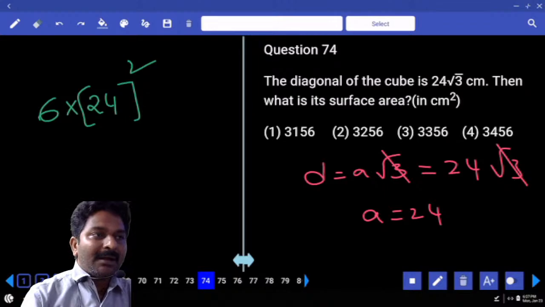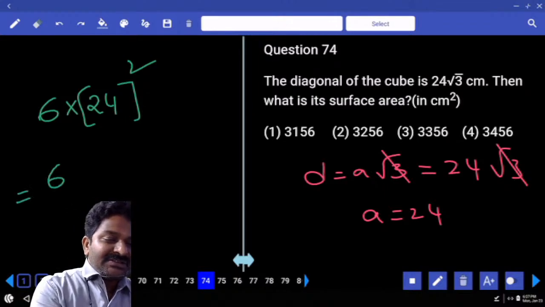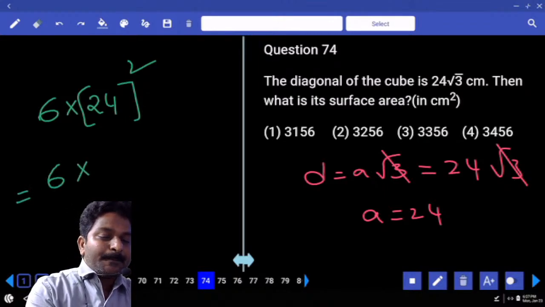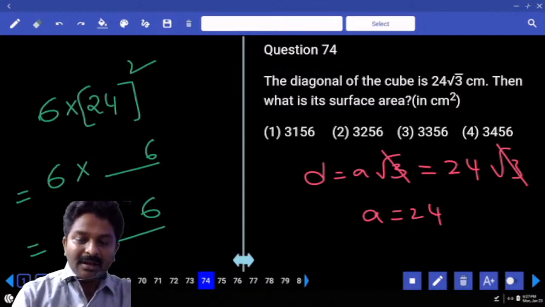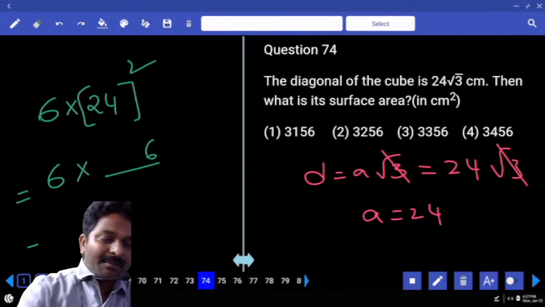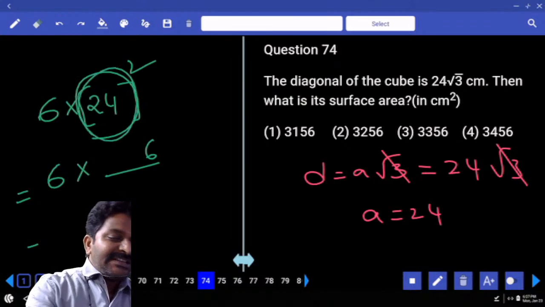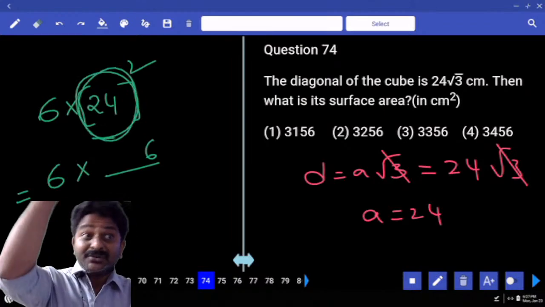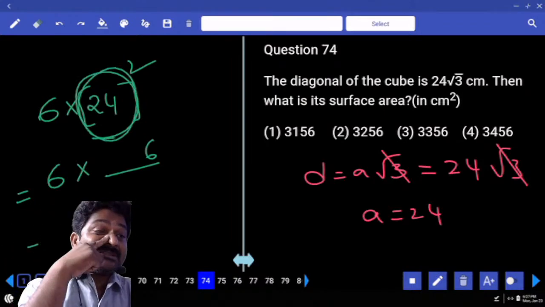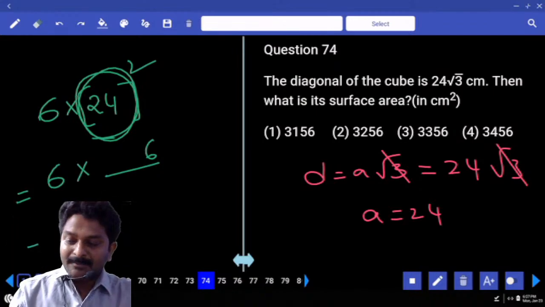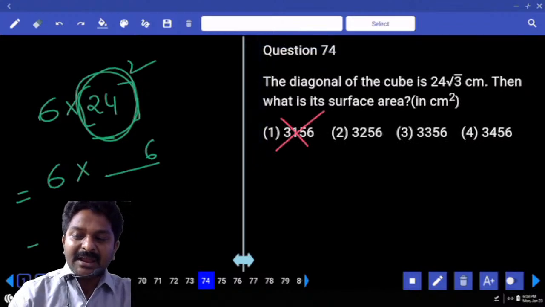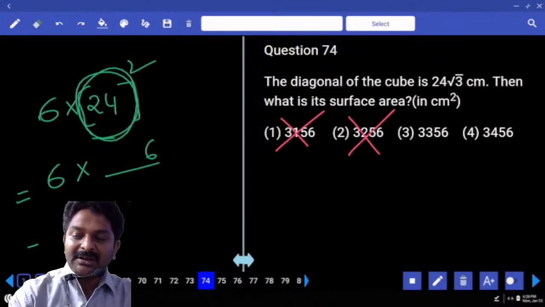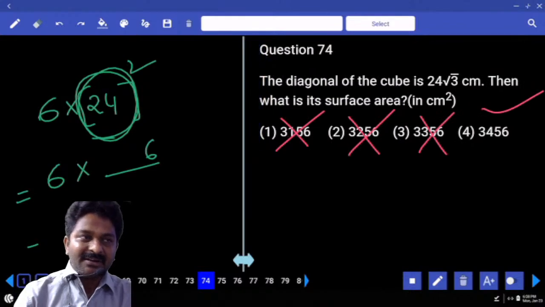The answer must end with 6 into 6. 24, is it a 3 multiple? But you have a square also. That means the answer must be 3 square, which is a 9 multiple. Can it be first? No. Second? No. Third? No. Fourth must be the final answer.